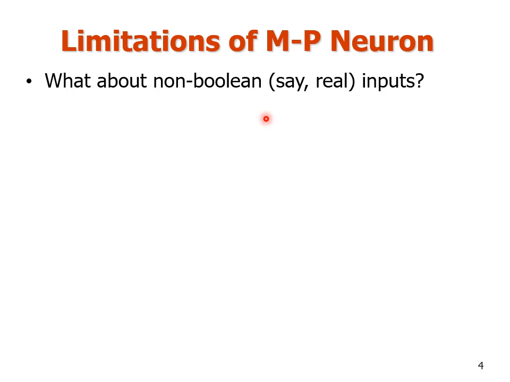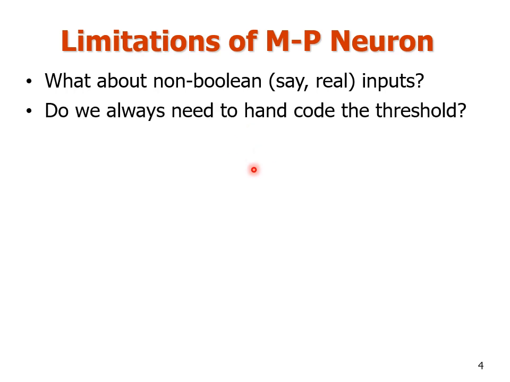So we have a binary classification based on these features, which are non-Boolean. Obviously, MP neuron may not help us to solve this problem, and that is why we need to look for some alternative. The second limitation is: do we always need to hand code the threshold?